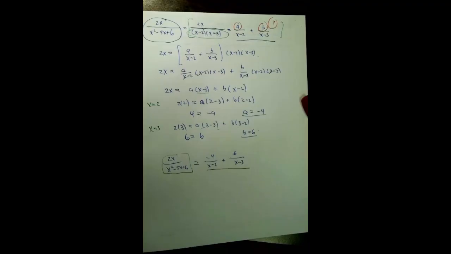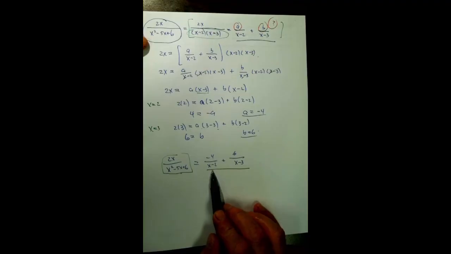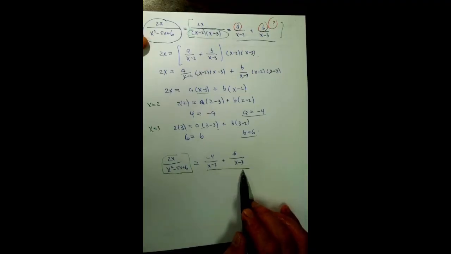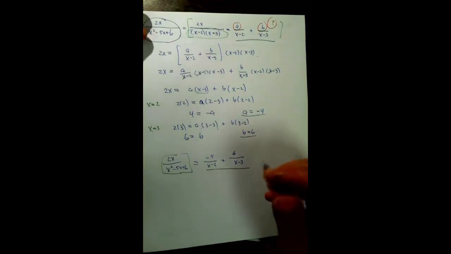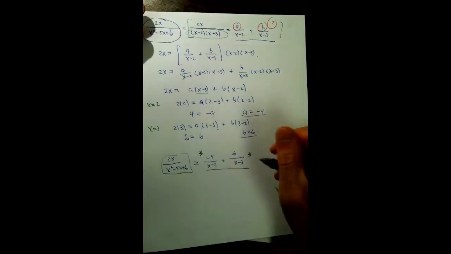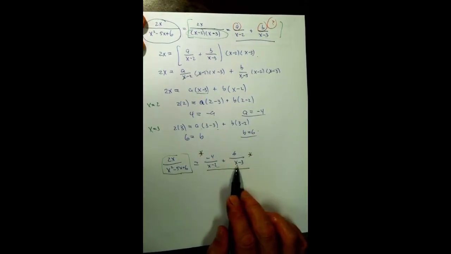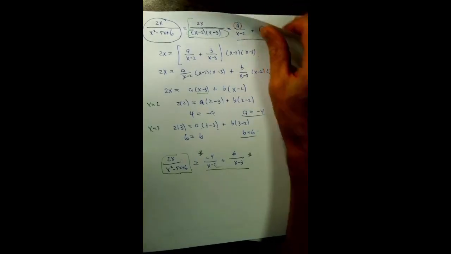So for example, I can now take the antiderivative of both sides. The integral of this is just going to be minus 4 times log of x minus 2 plus 6 times log of x minus 3 plus a constant. So this is much easier to work with, and I would make the claim this is the simplified version that we should have stayed with. So let's basically just go through and do some examples.